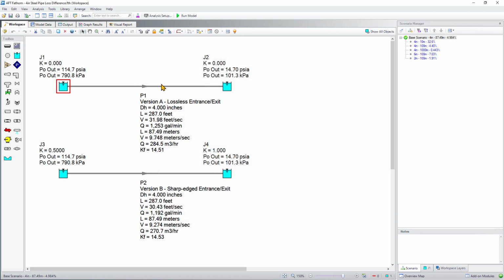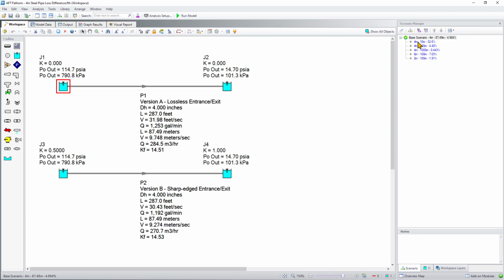Then all you do is keep changing the length of the pipes until the velocities match your target. We have our calculated velocity terms here, such as 32 feet per second for the lossless and 30.4 feet per second for the one with entrance and exit loss. Plug that into our equation. That's where we get our 5% difference from.